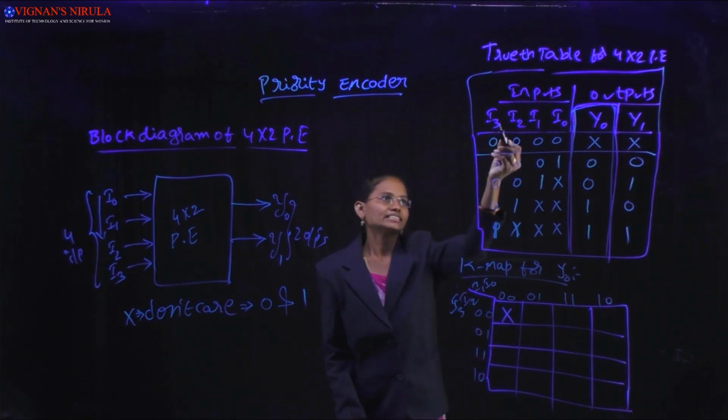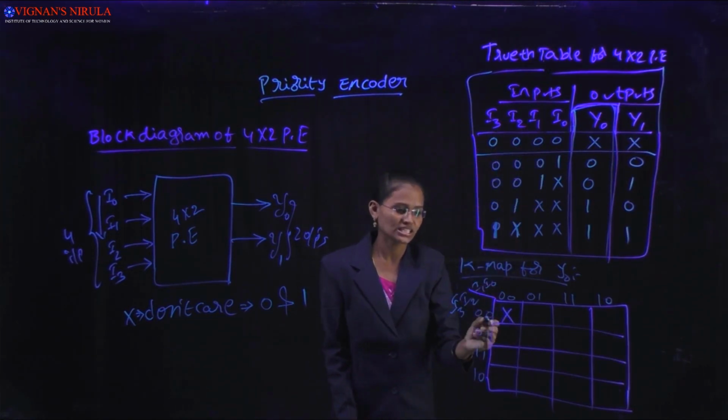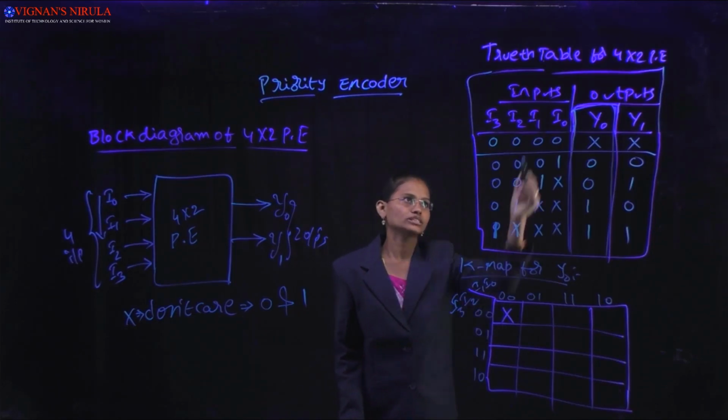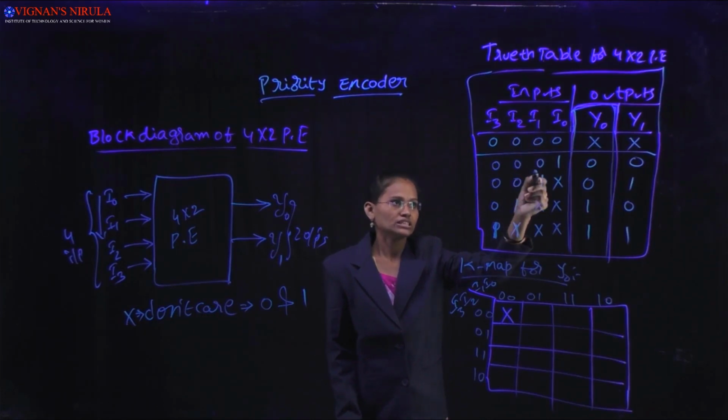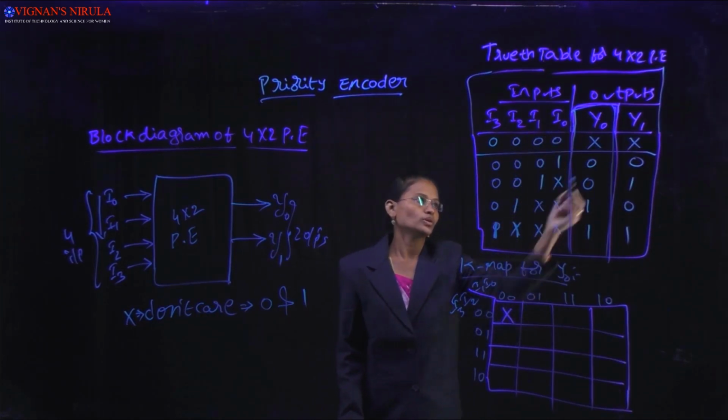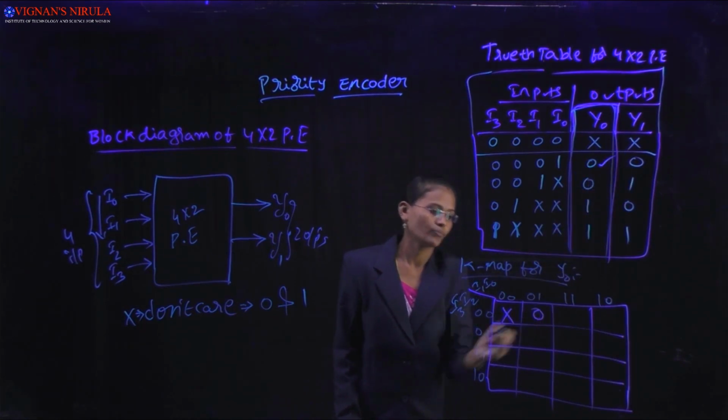Next I3 is 0, I2 is 0, I1 is 0, and I0 is 1. So in this case the output is 0.